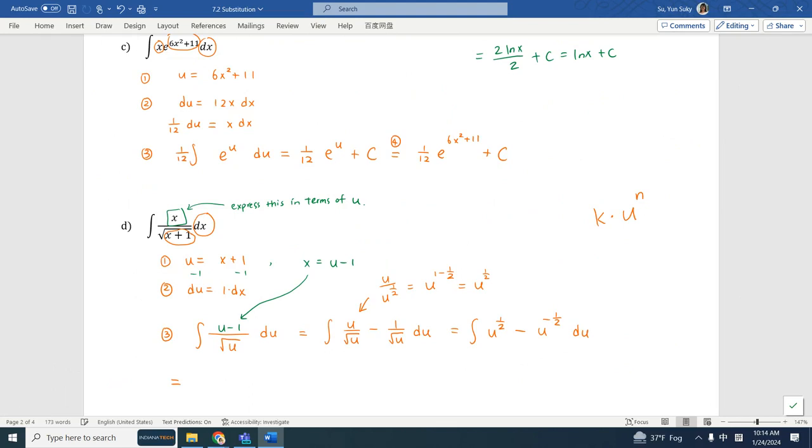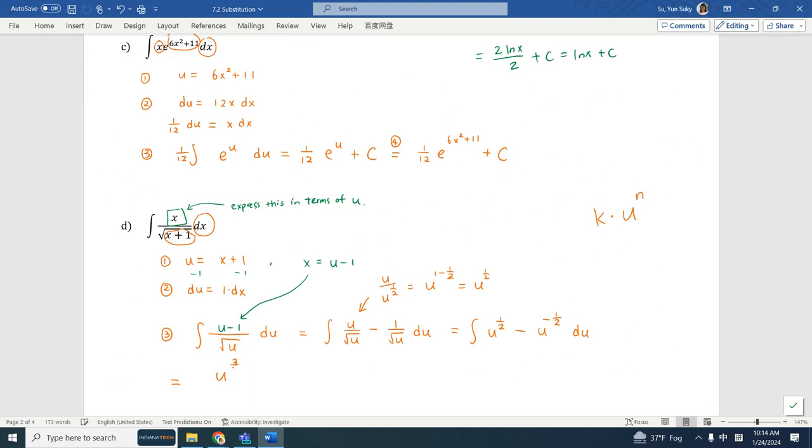Okay. See, we're able to integrate now. Use the power rule. What is the power rule? What do you do to the exponents? We add 1. So u to the 1/2 add 1 is 3 over 2.